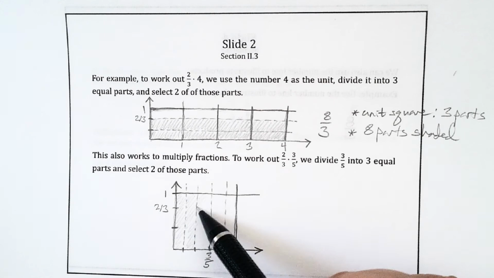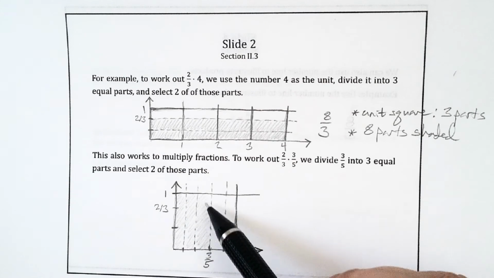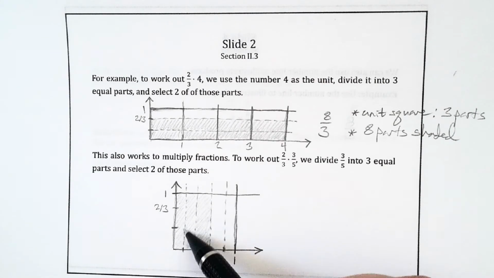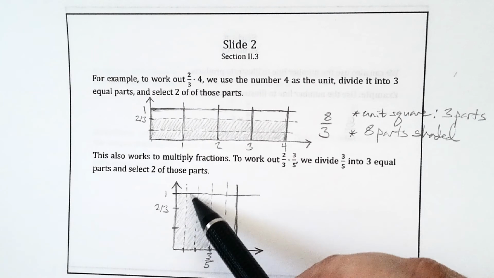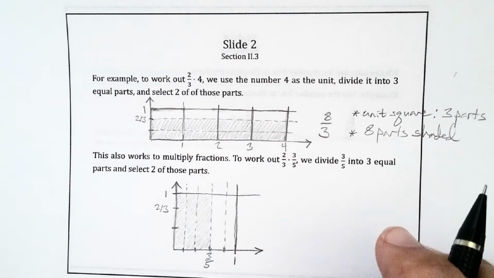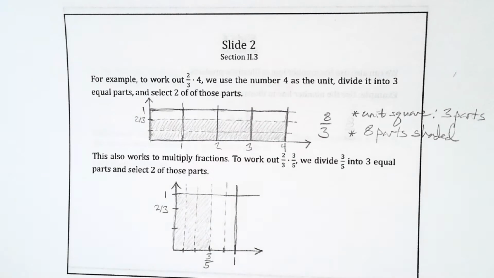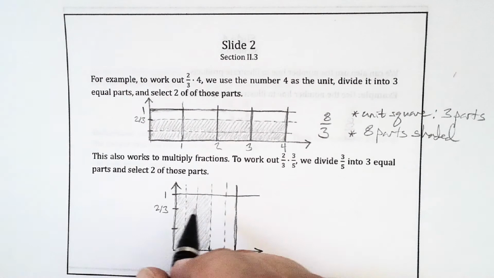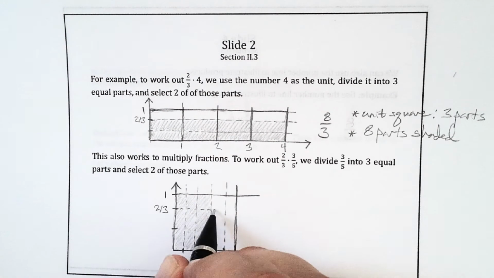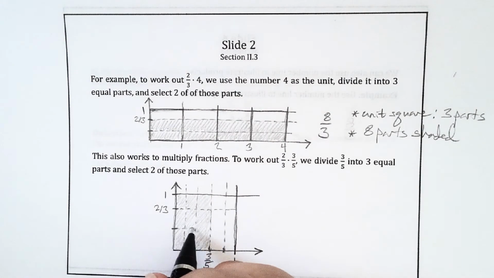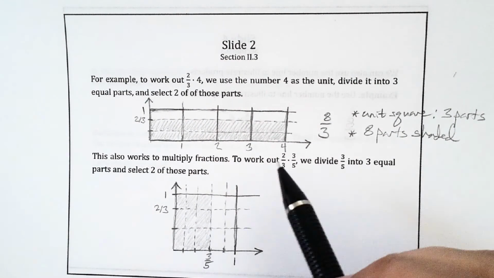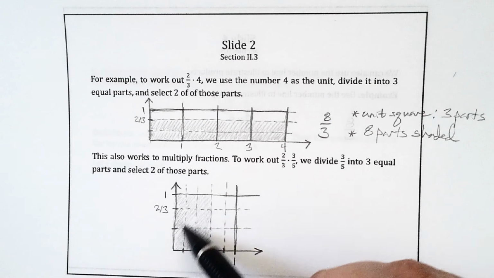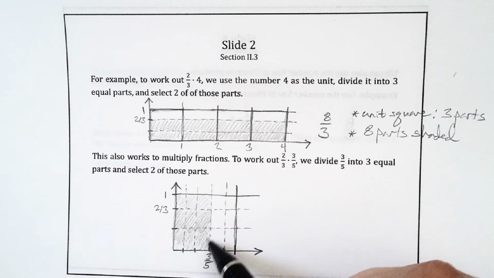But what I'm shading in right now is 3/5 of that unit square. Okay, then I perform the 2/3 action on that, which means divide that into 3 equal parts and shade 2. And so here's what I end up with.